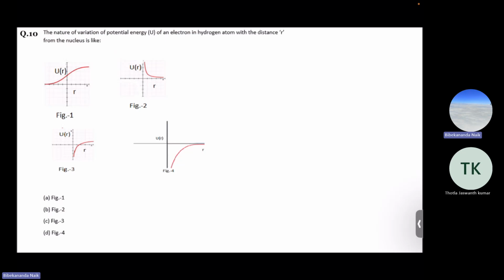We need to find the correct option. So we know the form of the potential U as a function of r. We first need to find the mathematical form, and then we can convert it into the graphical form. I'll give you a few minutes, and then we'll discuss the correct answer.